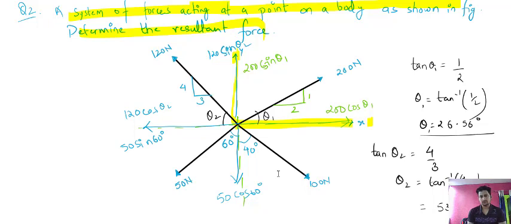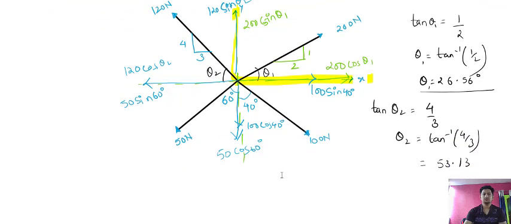Now the force of 100 Newton, in this direction will be 100 cos 40 degree, and the other component in this direction will be 100 sine 40 degree. Now all the components have been resolved. Now you need to see the forces' directions: which forces are acting in x direction and which in y direction.